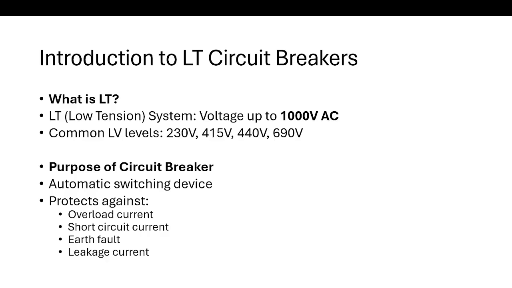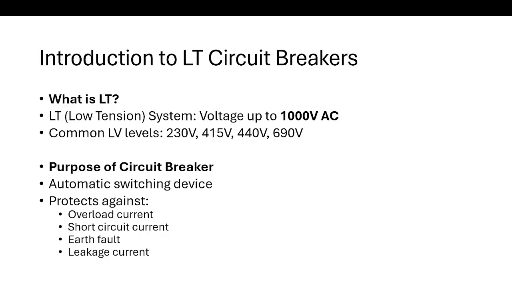Now, the purpose of a circuit breaker. What is the purpose? It is an automatic switching device, meaning sometimes it is automatic, sometimes it is manual. Switching means it's on and off, just to protect your further connected devices. A circuit breaker protects against overload current, short circuit current, earth fault or leakage current.